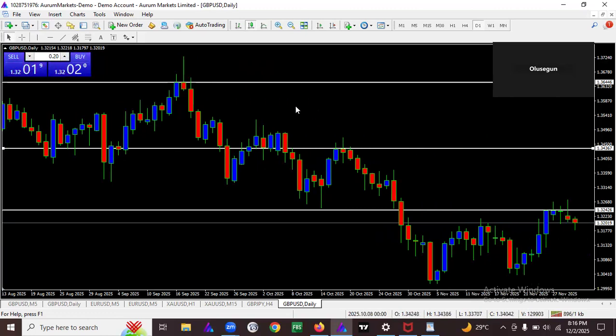Okay. So like what we have here now, we would identify this level as our resistance. The market is currently trading at this price. If price pulls back to this resistance level, what do you think will happen?